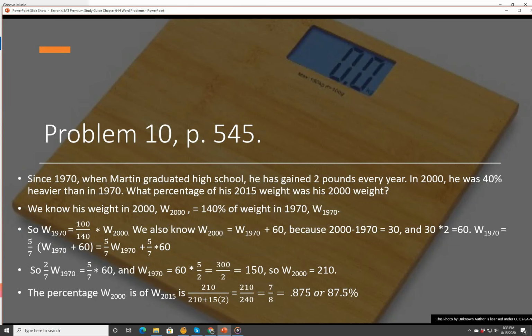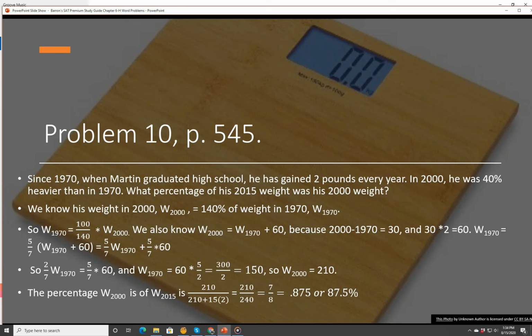Problem 10, page 545. Since 1970, when Martin graduated high school, he has gained 2 pounds every year. In 2000, he was 40% heavier than in 1970. What percent of his 2015 weight was his 2000 weight? We know his weight in 2000, W sub 2000, equals 140% of his weight in 1970, which is W sub 1970.